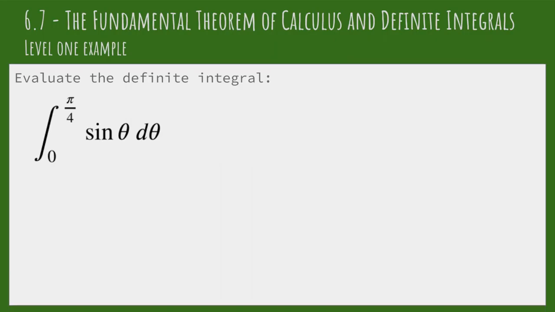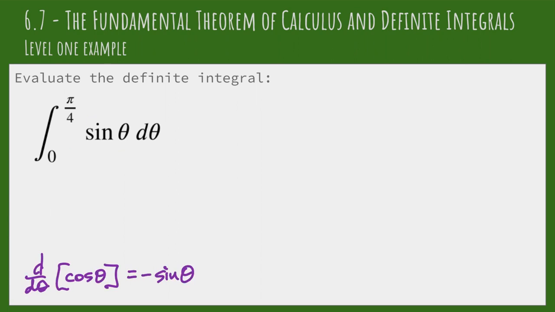We can do the same thing for sine of theta. This one's going to be a little bit tricky, so I wanted you to think about this one a little bit. So remember, we want to take the antiderivative of sine of theta. What do we take the derivative of to get sine? Well, just a side note here, let's use theta. So the derivative of cosine of theta is the opposite of sine of theta.